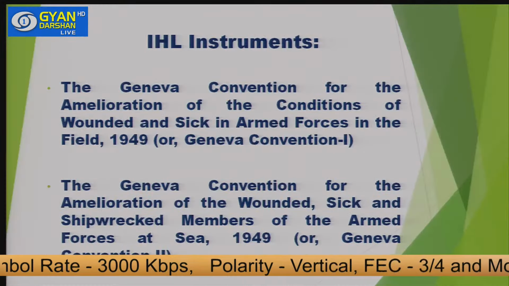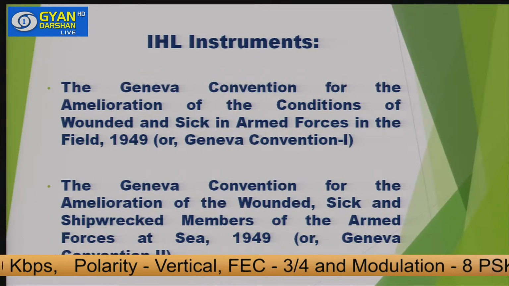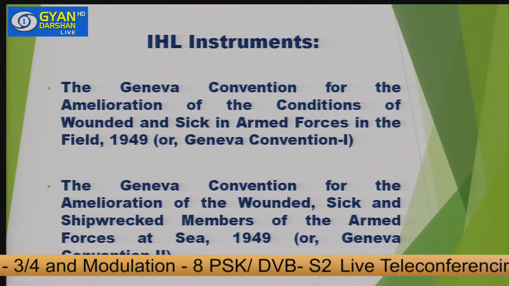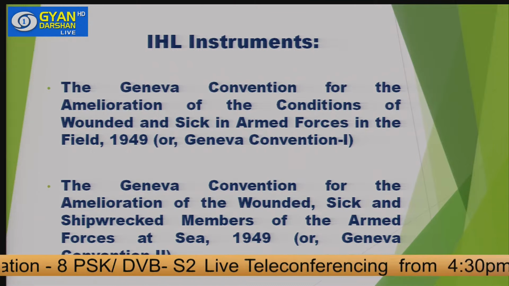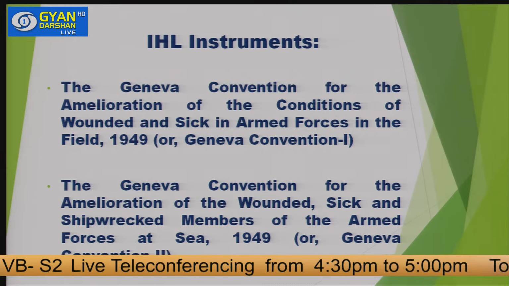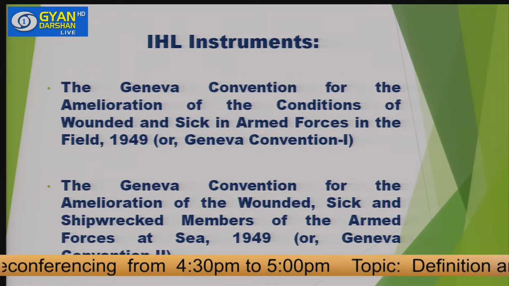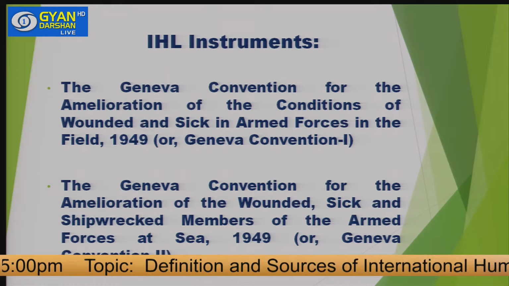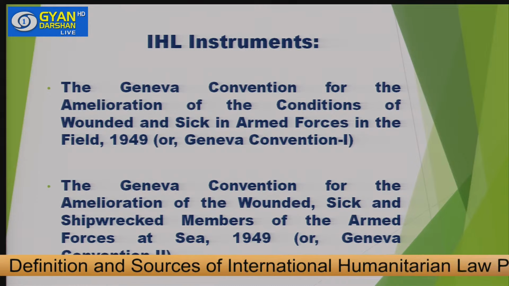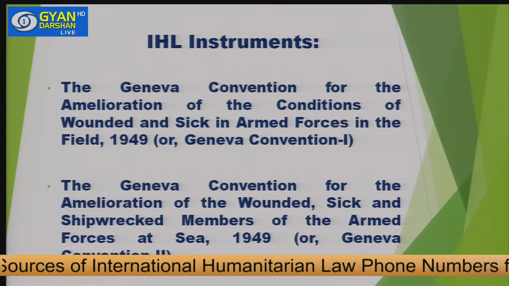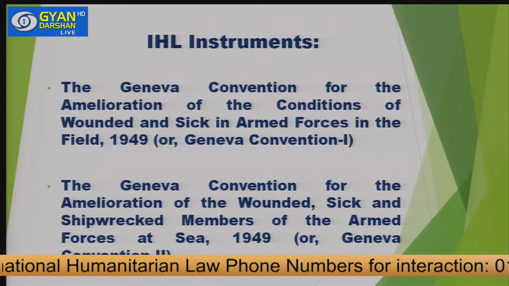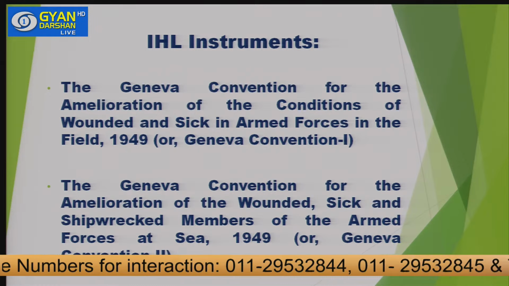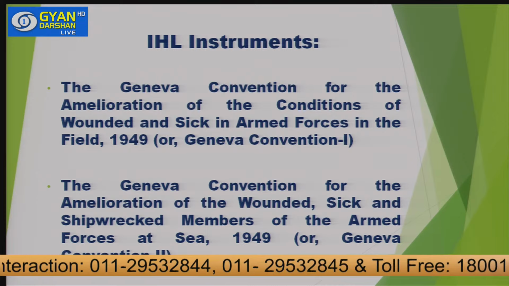After the Second World War, it was felt that there should be binding international instruments to compel the states to adhere to at least some minimum standards of protection of those people and places which are not participating in a war-like situation or armed conflict.